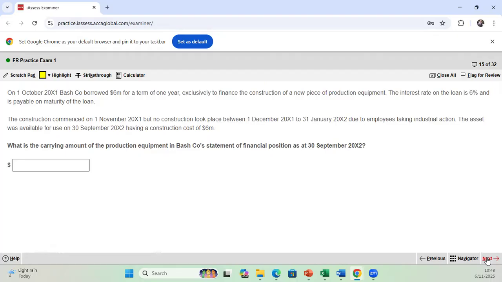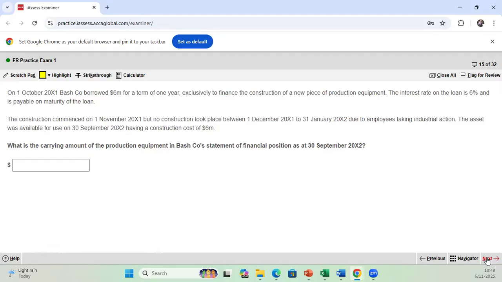The construction commenced 1 November 20X1, but no construction took place between 1 December 20X1 and 31 January 20X2 due to employees taking industrial action. When did we get the loan? 1 October, okay? The asset was available for use 30 September 20X2, having a construction cost of 6 million, so it means we used all the funds. What is the carrying amount of the production equipment in Bash Company's statement of financial position as of 30 September? The year starts 1 October and ends 30 September.